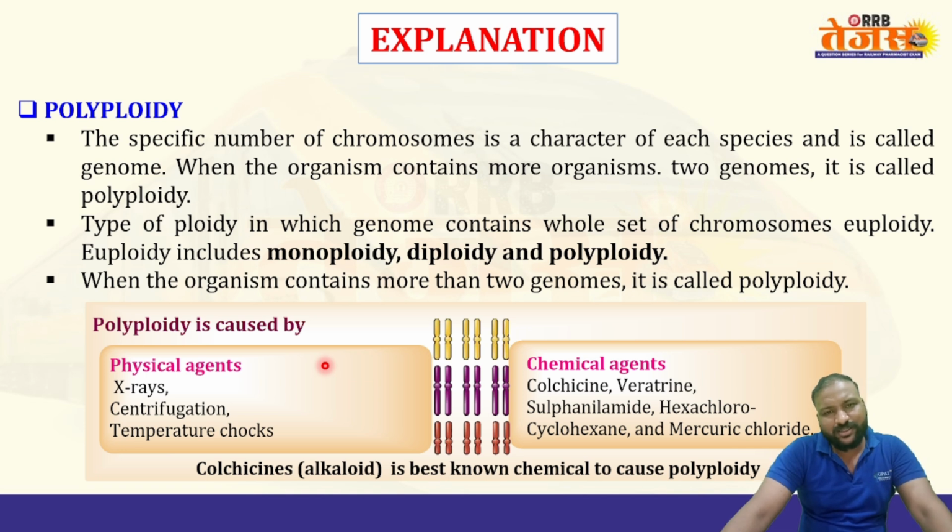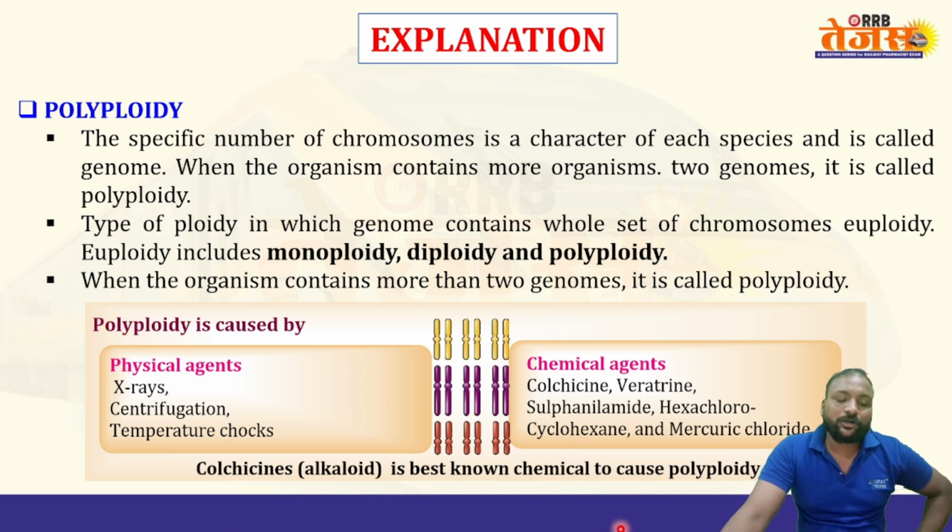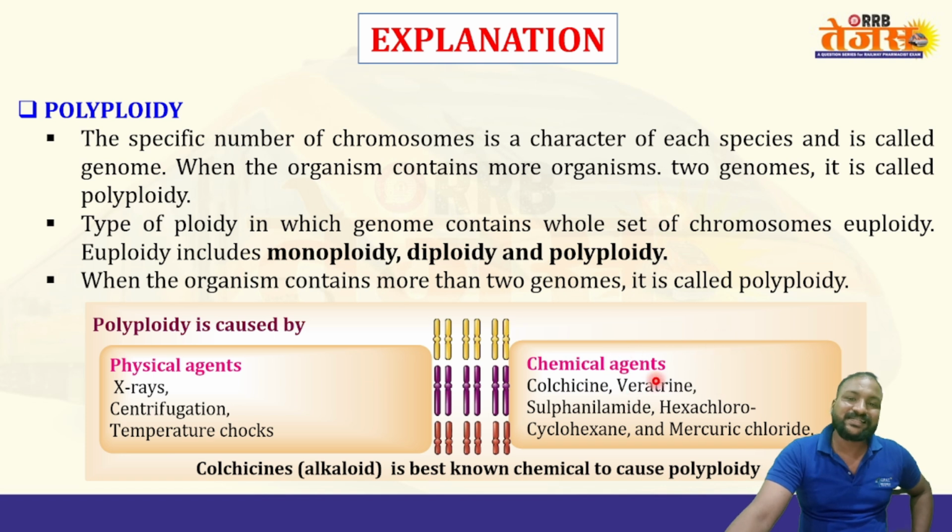If you do these things, the chromosome sets will be multiplied. To create more chromosomes using chemical agents, we can rely on colchicine, veratrin, sulfanilamide, hexachlorocyclohexane, and mercury chloride. These are very important. But among all, the colchicine alkaloid is the best known chemical to cause polyploidy. Do remember that.